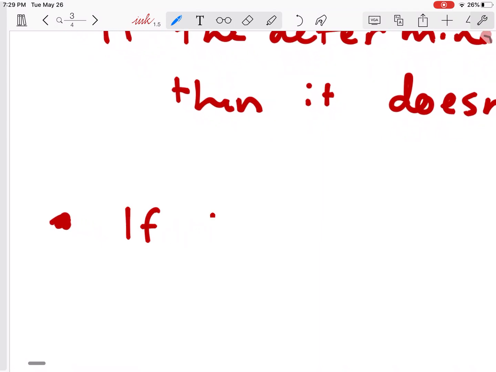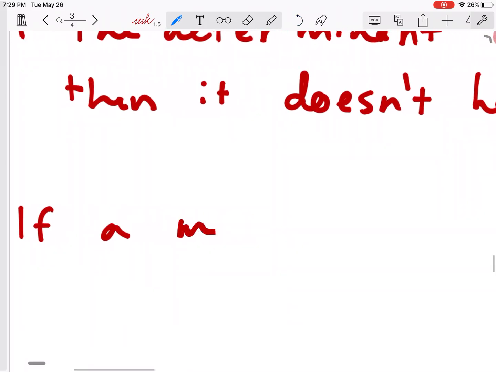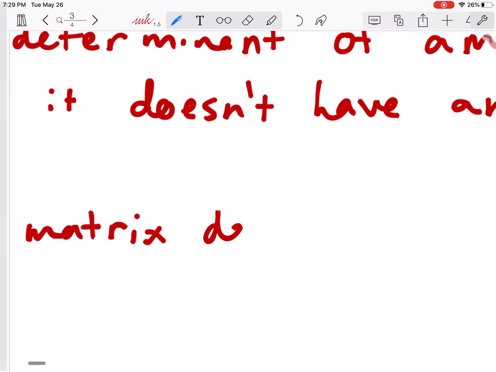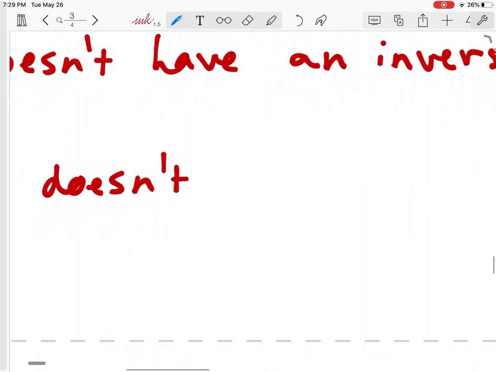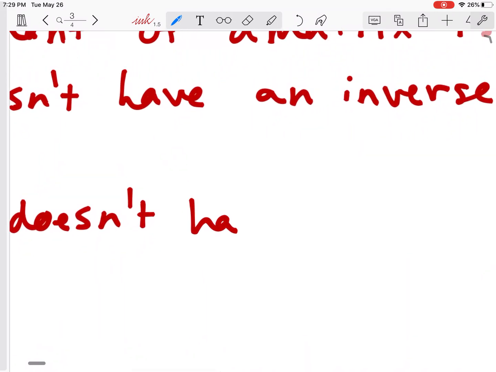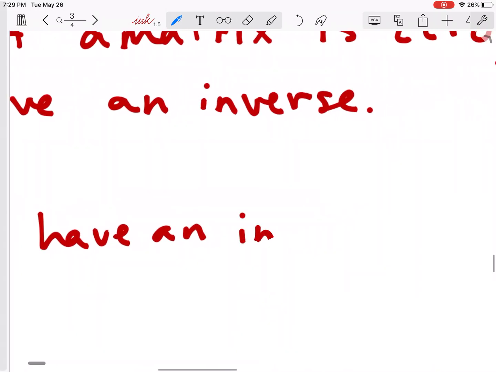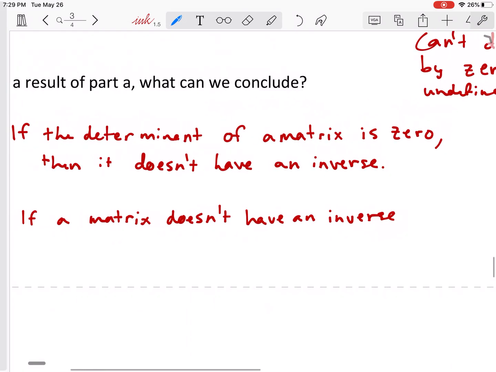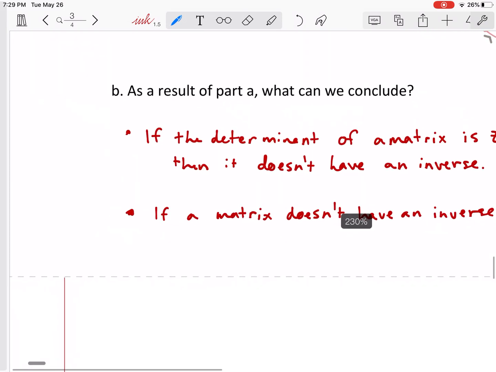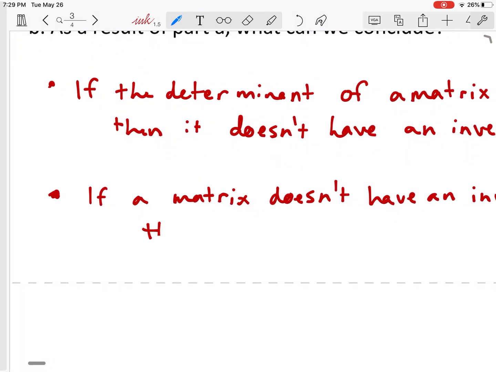So if a matrix doesn't have an inverse, or it's non-invertible is another way to say that, then the determinant is 0.